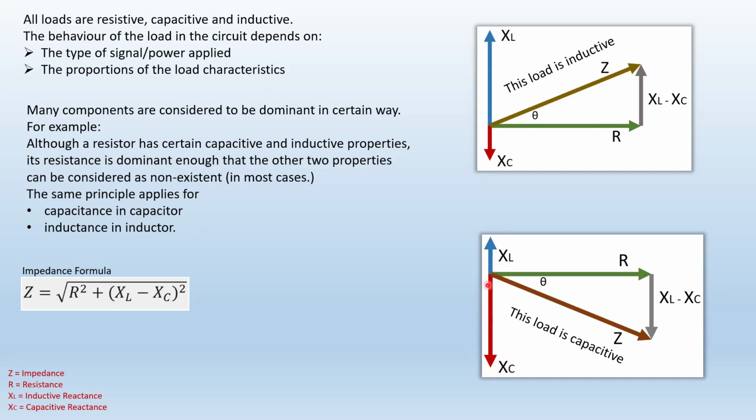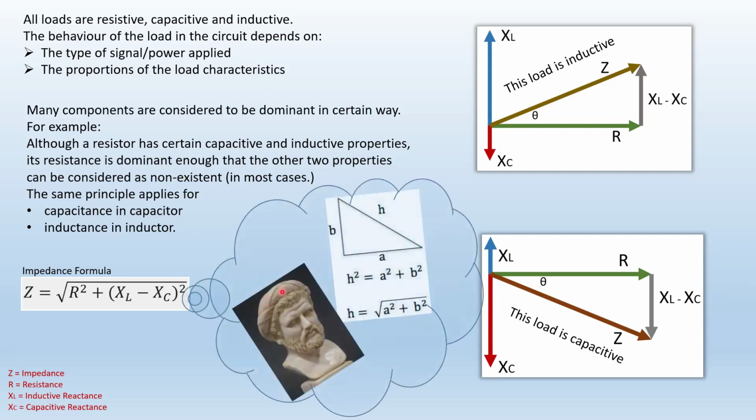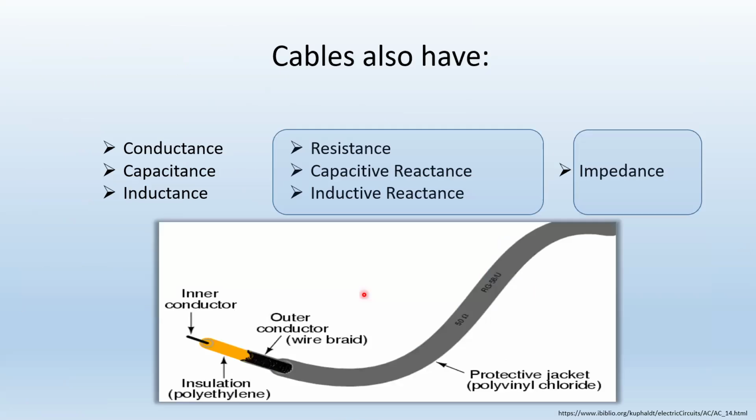So the total reactance is going to be this area right here, from here to there, minus that, so it's going to be slightly shorter. Draw a dotted line, draw that here, and you're going to have impedance, but it's going to have a different angle. One way you can do is you can do trigonometry, or you can do the Pythagorean theorem to find out the magnitude and the angle of the impedance.